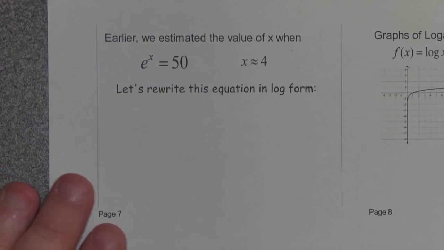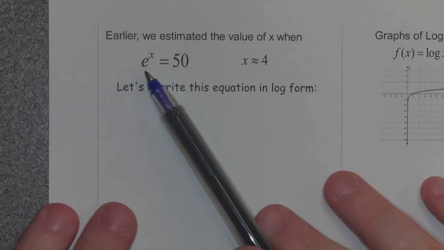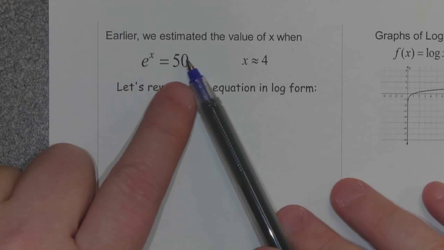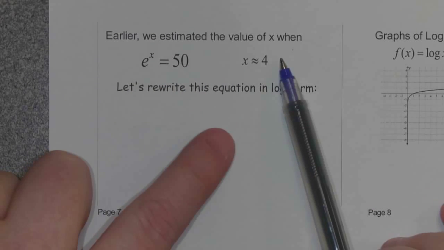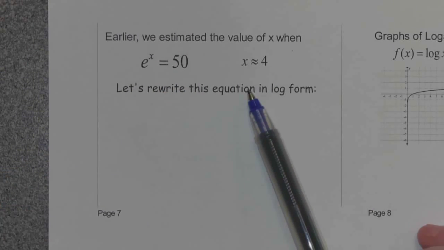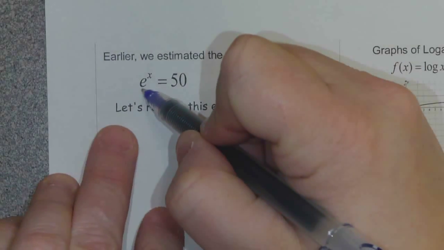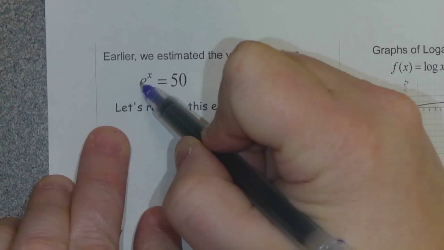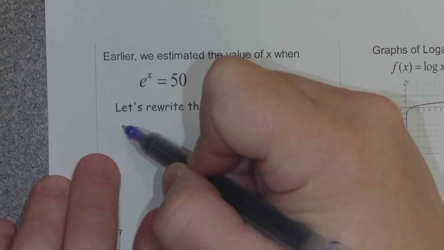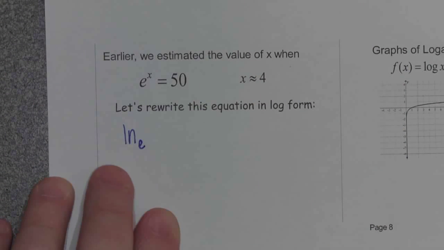All right, so it says earlier we estimated the value of x. If we had e to some power equals 50, we could totally just approximate this, but it says let's write this in log form. Do you remember what we just said about the natural log? The natural log is in base e.